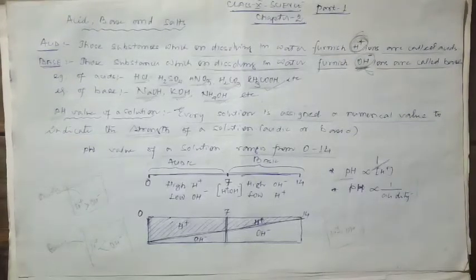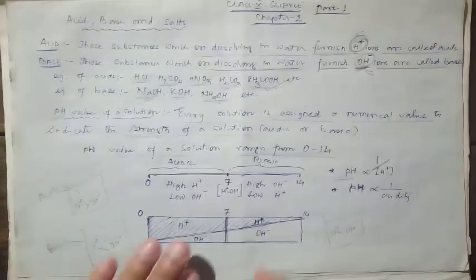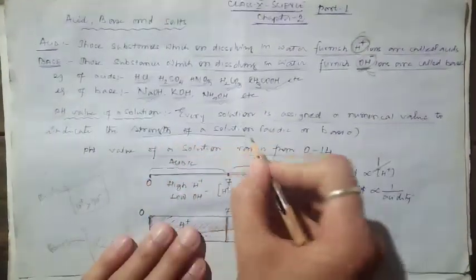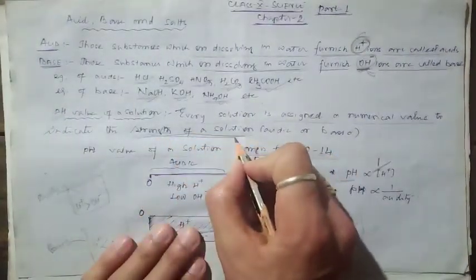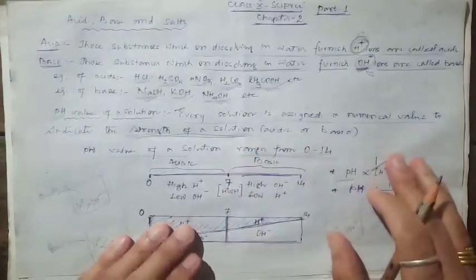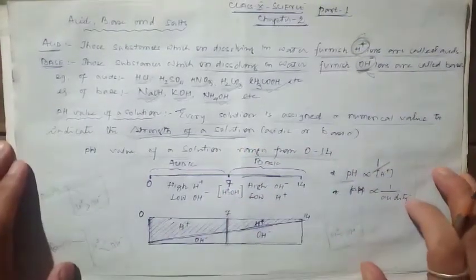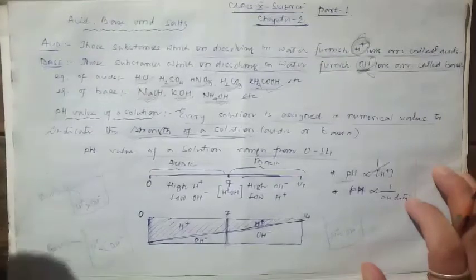Students, let's move on to another topic, the pH value of a solution. To every solution, whether it's acidic or basic, we assign a numerical value to indicate the strength of the solution, whether it is more acidic or less acidic, or more basic or less basic.